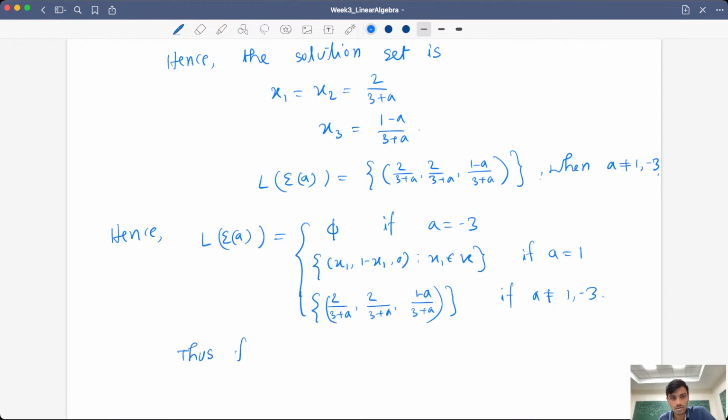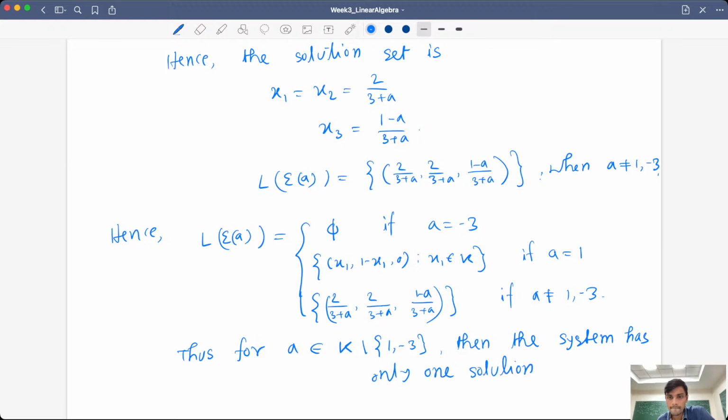Thus for a not equal to 1 or minus 3, or if you write it in that form, if a belongs to k minus {1, minus 3}, then the system has only one solution. Okay, so is this fine?